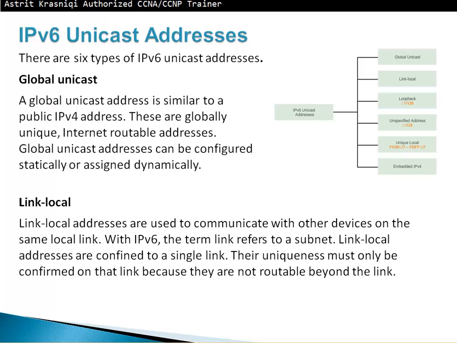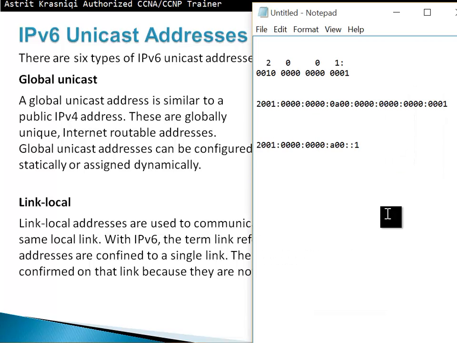For example, a router can have the same link local address on 3 different interfaces, because the link local address from one interface is not going to go to another interface. So that's allowed. Take one router with interface FA00, interface FA01, and interface FA02.